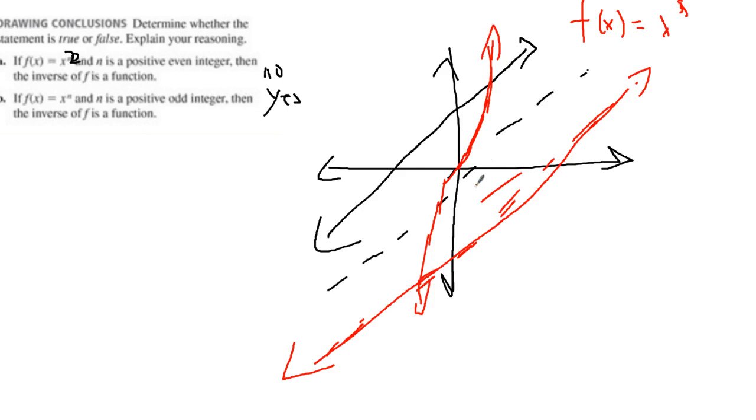And then we'll get this as our inverse. This is definitely the inverse of x cubed, and it is definitely a function as well, because there are no sharp turns, nothing that repeats twice. You can't get two inputs for an output.